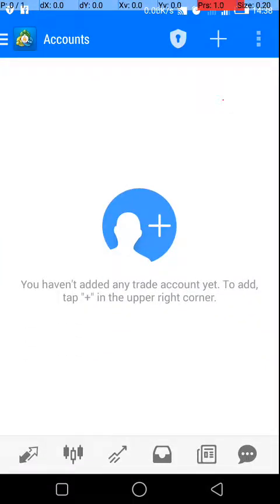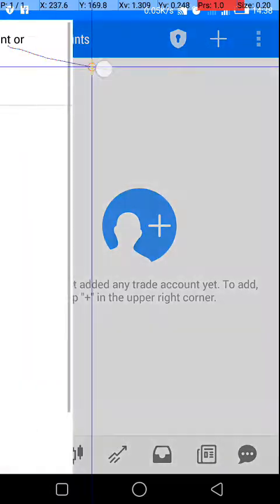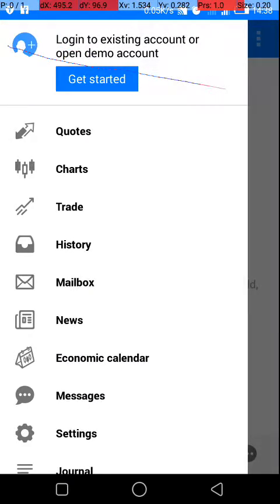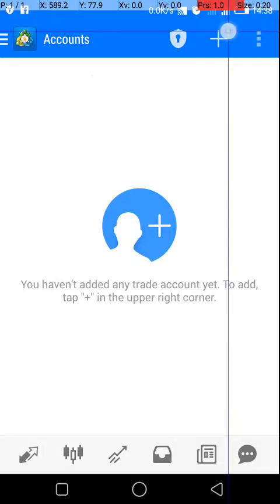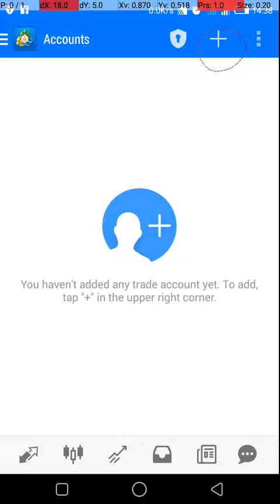If it's your first time, the application will open a demo account for you automatically, but manually you can go to the navigation drawer and tap get started. Then this cross will be available for you to tap.